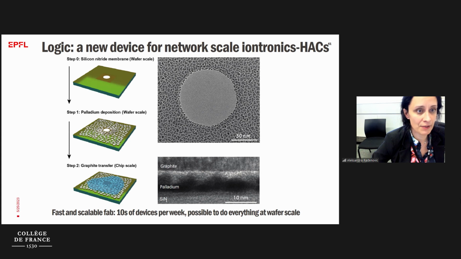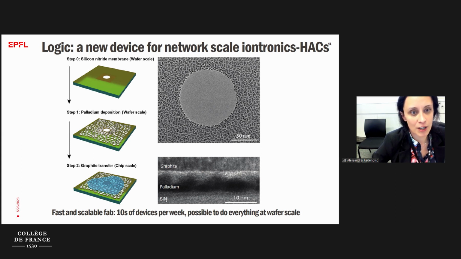Using these wafer-scale nitride membranes, we position them in a typical thermal evaporator, and under low pressure, we evaporated palladium islands.